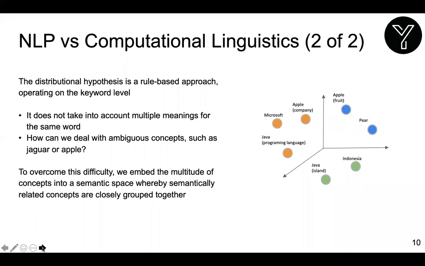Whereas apple, the fruit, has been projected into a completely different plane of this vector space next to another fruit called pear. We can also see Java, the programming language, which is close to apple, the company, and Microsoft in one plane of the vector space, where Java, the island, is in a different plane next to Indonesia. So hopefully that gives some sense of how NLP can contribute, but isn't a comprehensive solution in terms of not actually being able to understand the context.